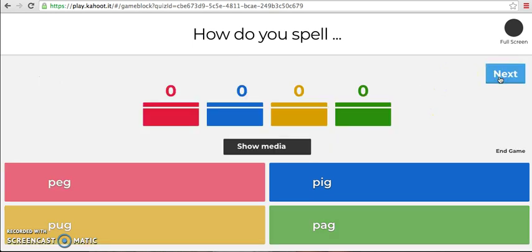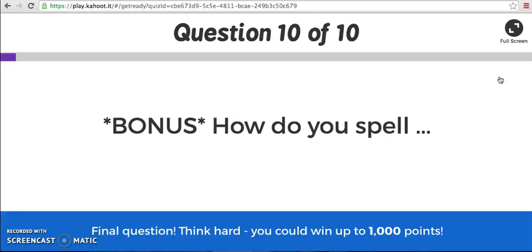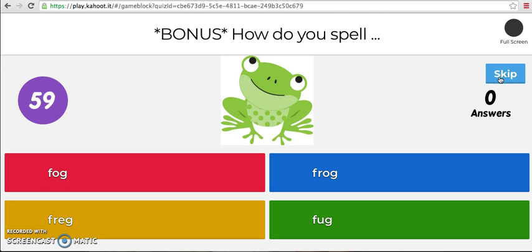All right, and the last question I said is a bonus, just because we've just been introducing blends, so it's kind of hard for them to hear the FR and the R together. So if they were to choose the red, I wouldn't be as upset because they obviously still understand that the O is the vowel.